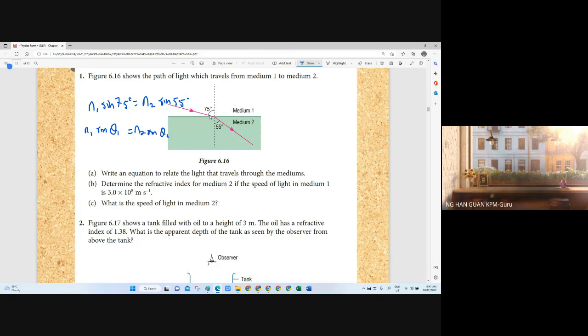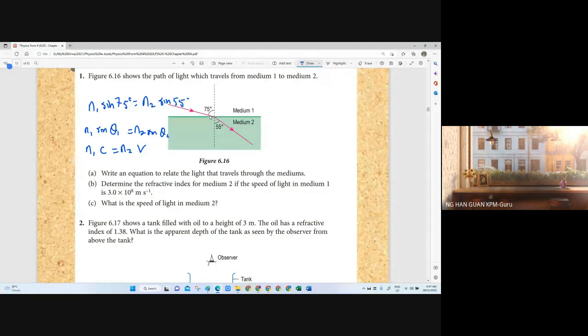Then after that, you can use that equation to determine the refractive index of medium 2 if the speed of light in medium 1 is 3 times 10 power 8 meter per second. Because this one is using the speed of light, you can also write n1 over n2 equal to c over v, if you wish to change it.